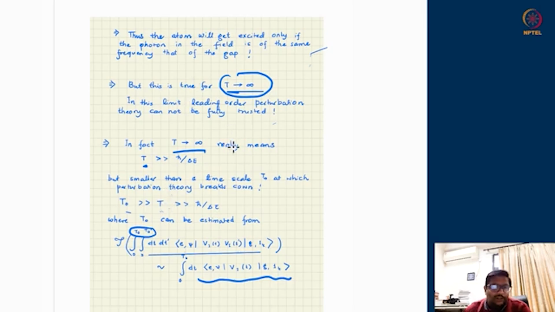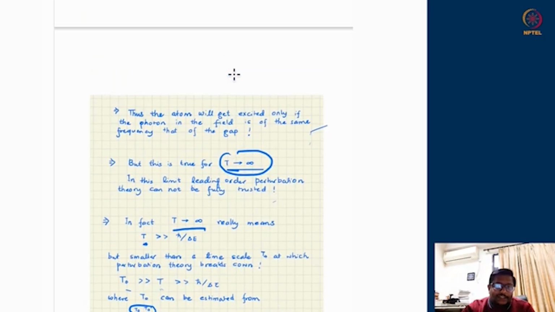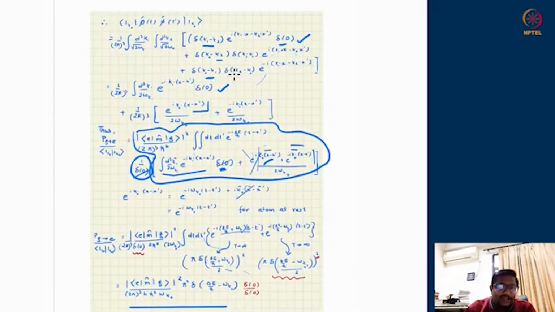The only thing you have to keep in mind is that the delta functions and other things which are really true for t tending to infinity will not appear, but their cousins will appear. That means for very big values of t, but smaller than a particular number T naught, which is really very high, so t much greater than h upon delta E, I will get very close to a delta function.